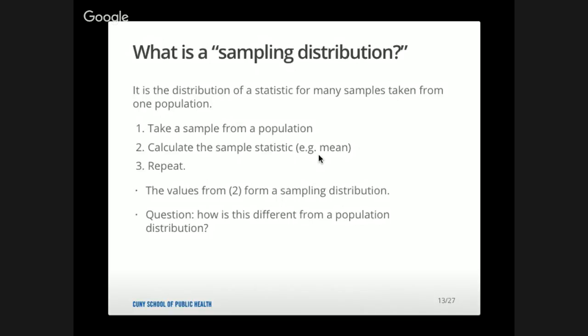Your 100 samples are not your complete population, and all of your calculations are approximate due to sampling variation.